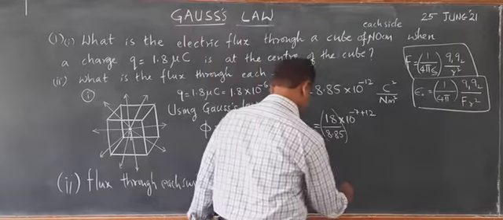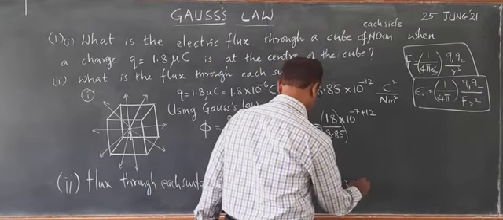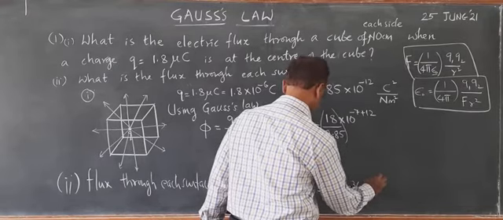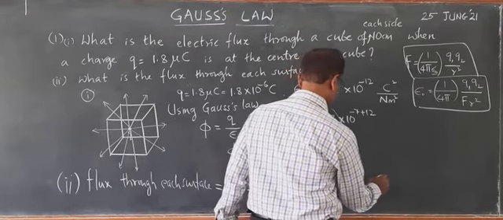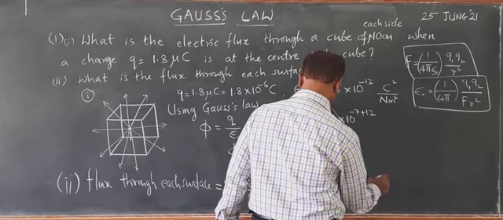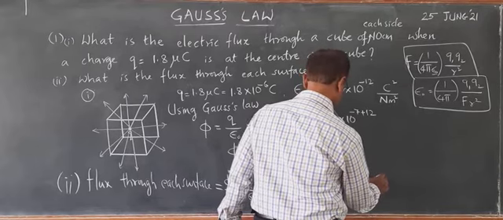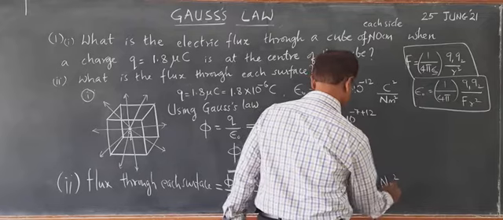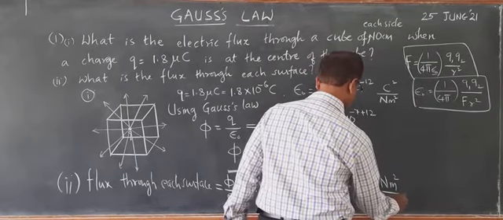This can be written as 3.34 into 10 to the power of 6 Newton meter square per coulomb.